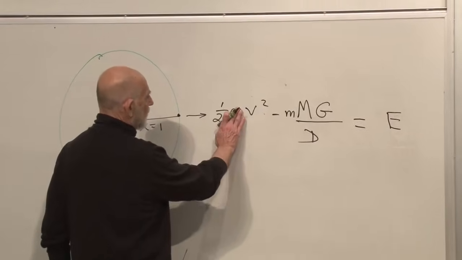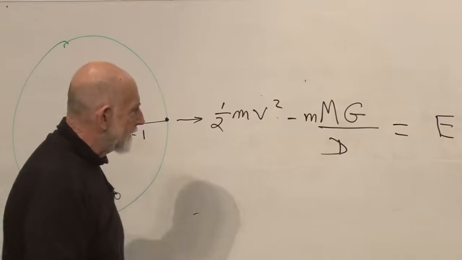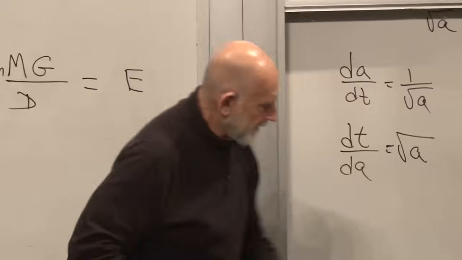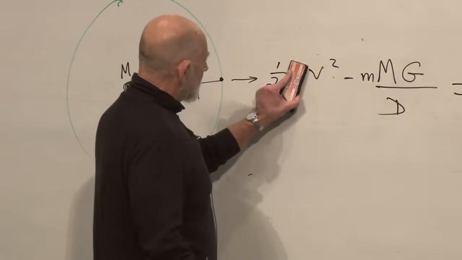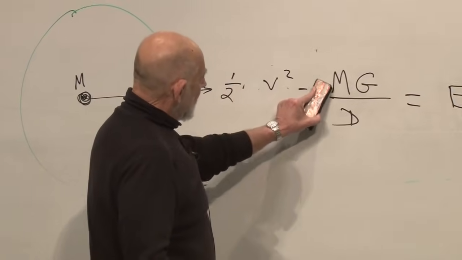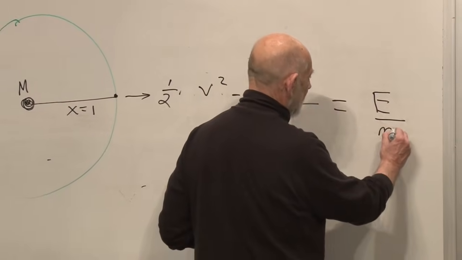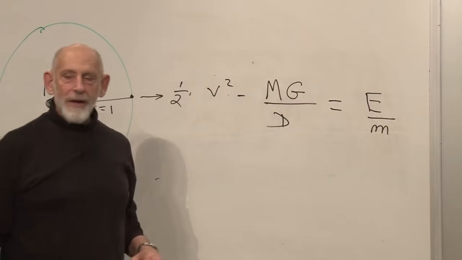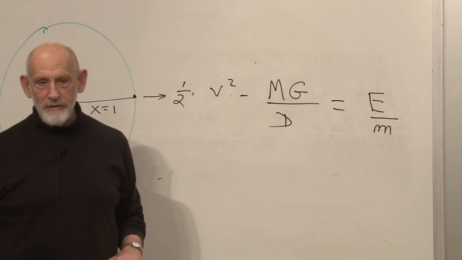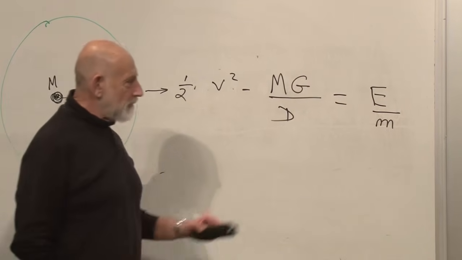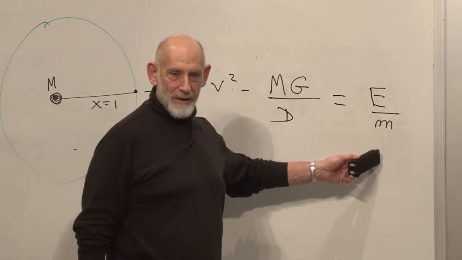Let's first of all divide it by little m, and then over here we get E over m. Now, E is a constant, m is a constant, E over m is a constant, so I really haven't made it any more complicated by dividing by m.